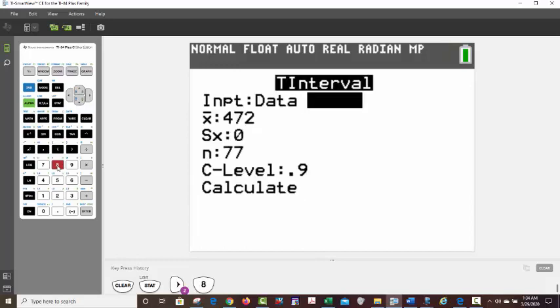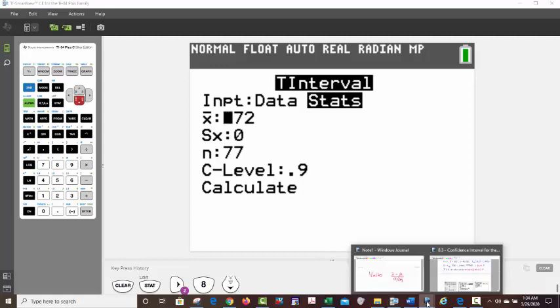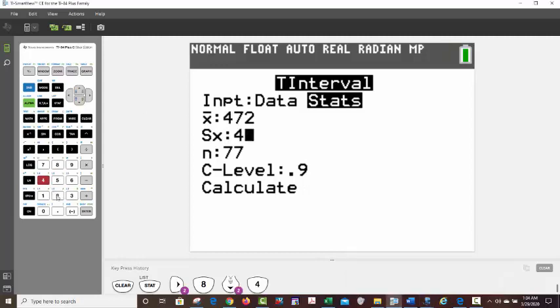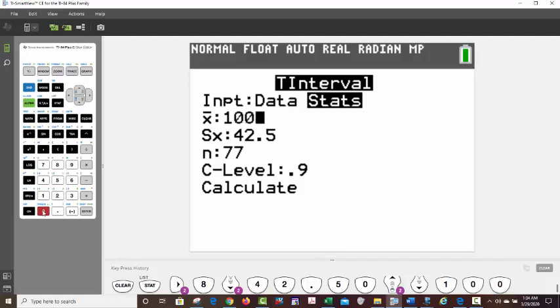T. There we go. Stats. The mean was... Great, I know the standard deviation is 4250. I'll do what I can remember here, then I'll go back. Oh, it's 100. All right, I can go back and get 100 in there. Mean is 100. Just got the standard deviation.